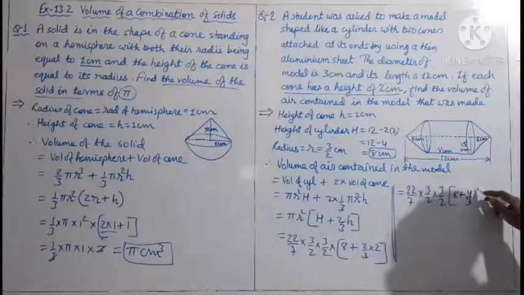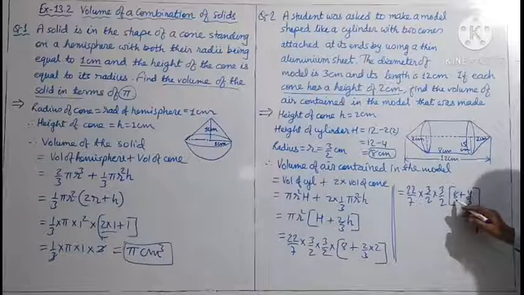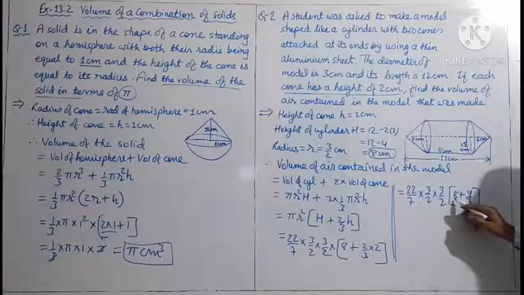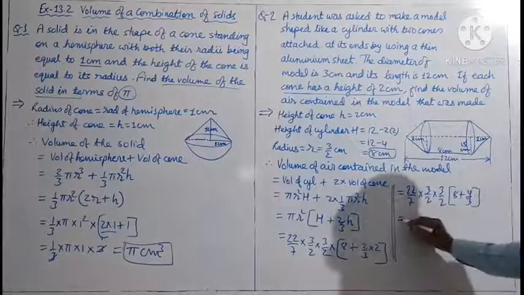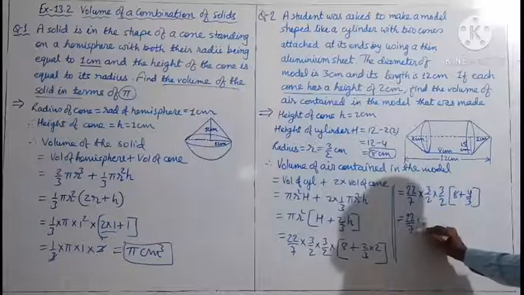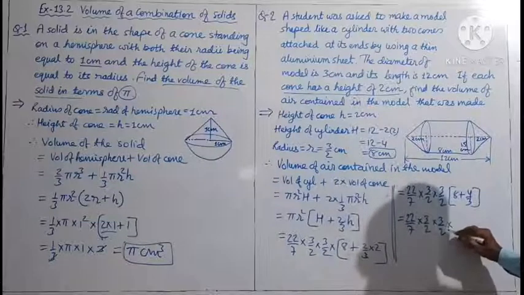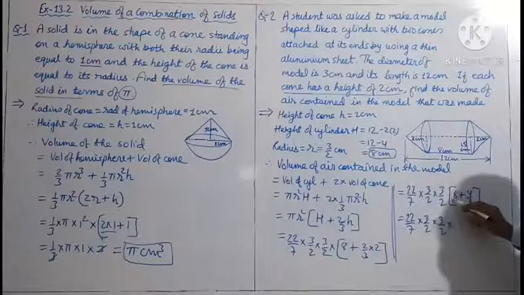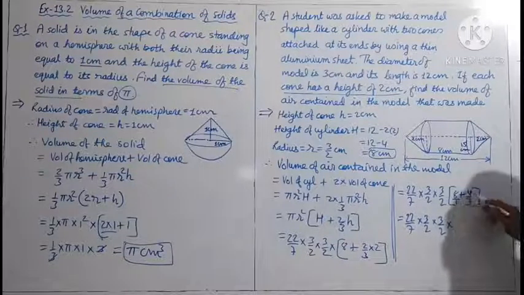Taking LCM, it is 8 by 1, 8 threes are 24, plus 4, that is 28 by 3.